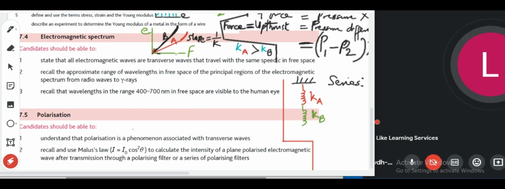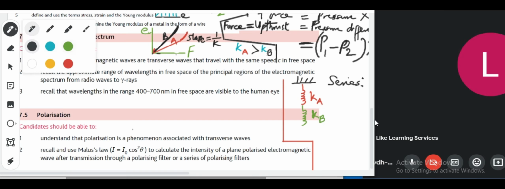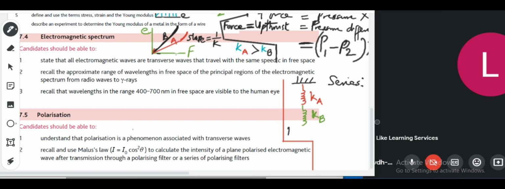When springs are connected in series like this, the total spring constant, K total, is equal to, actually this is how we should look at it.